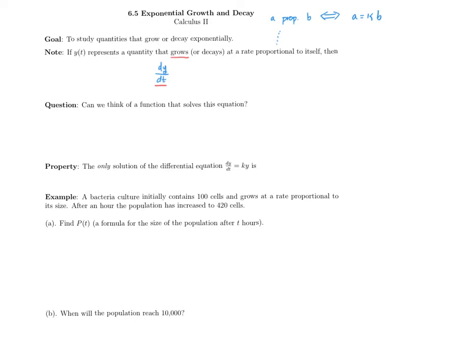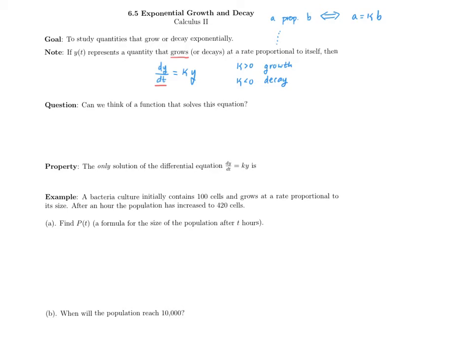That is to say, it is a constant multiple times y, where k is a constant, which we refer to as the constant of proportionality. In fact, as might seem familiar from past experience, when k is positive, this is going to correspond to growth. When k is negative, this equation will correspond to decay.